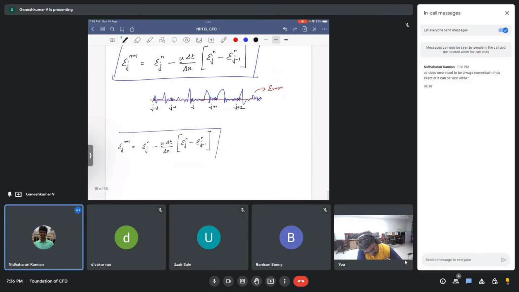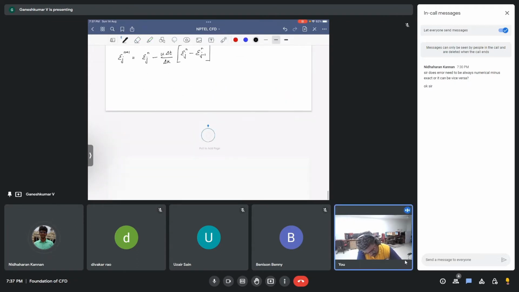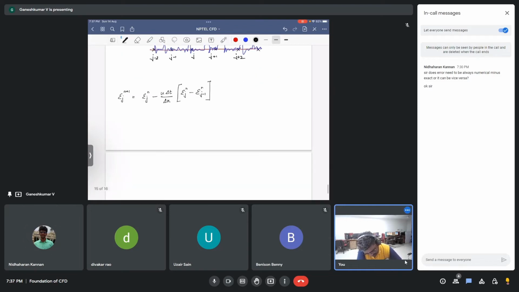So if you see, this can be written as plus phi j bar n minus u delta t by delta x times phi j bar n minus phi j minus 1 bar n. This side it will be phi j bar n plus 1, right?